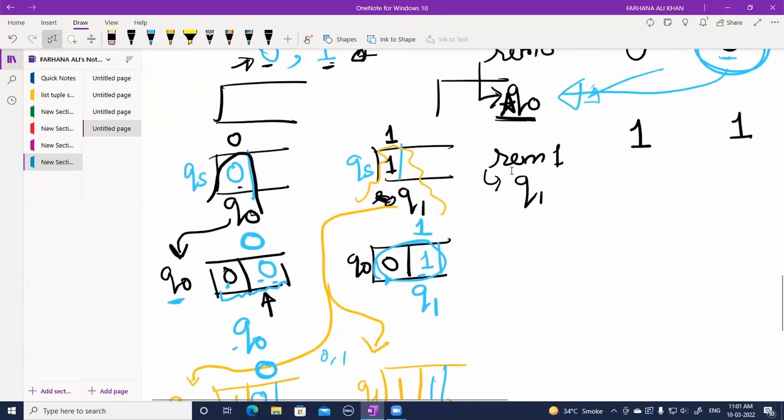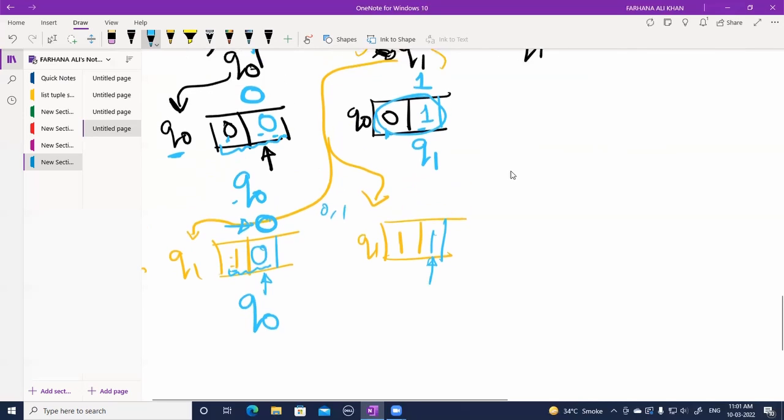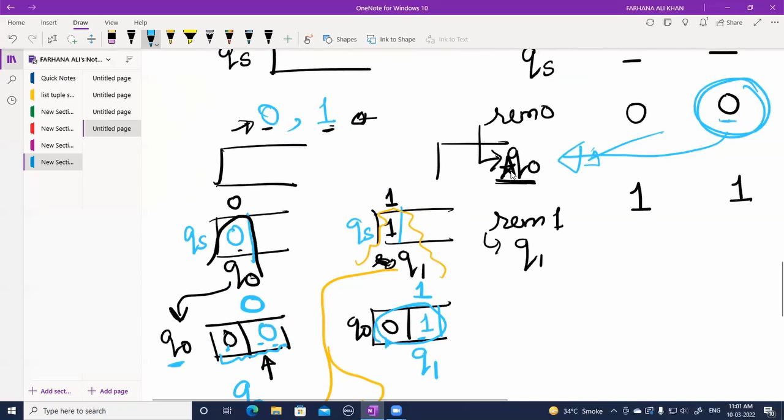Here I can repeat the Q0 state because the remainder is the same. Although it is representing string 10, the output is the same, 0. That's why I'm having the Q0 state here. So we can write that Q0 is not only representing strings 0 and 00, but it's also representing string 10.